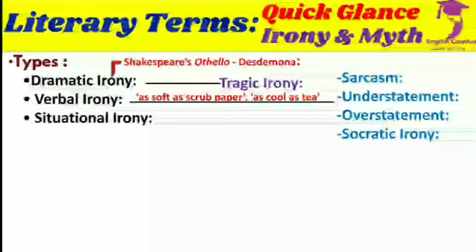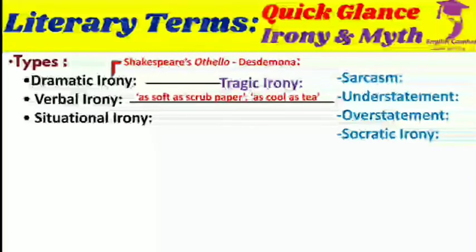Now, let's see what is the third one, and that is situational irony. Friends, situational irony consists of a particular situation in which the result comes in a different way rather than the expected one.